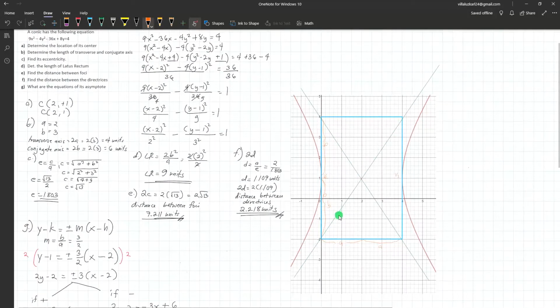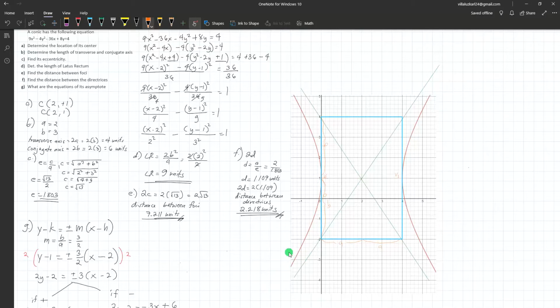Draw those lines intersecting the corners of this rectangle, from the center going to the corner. The asymptotes will serve as your guide in drawing the curve for the direction of your hyperbola. So from the vertex, draw a curve going in the direction of the asymptote, and draw also a curve from the vertex on this right side going to the asymptote. So that's the figure.